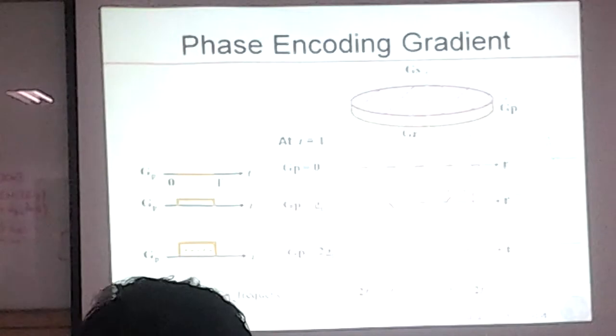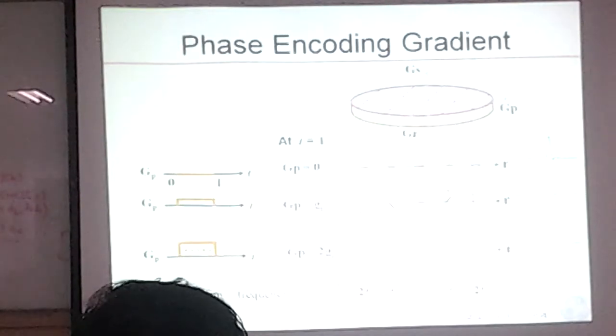But for a non-zero phase encoding gradient, spins have a different phase here. So the vector sum is less than the zero phase encoding signal. For a large phase encoding gradient, the signal decreases according to the strength of the phase encoding gradient.